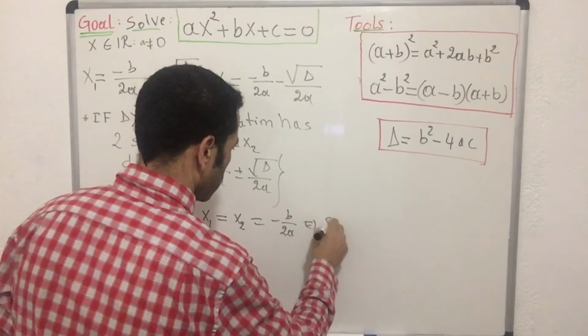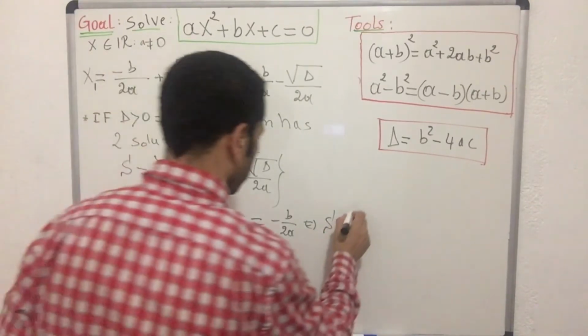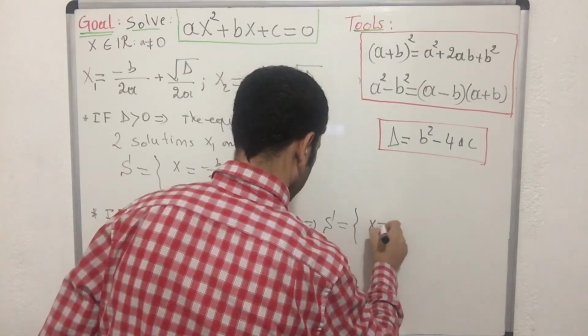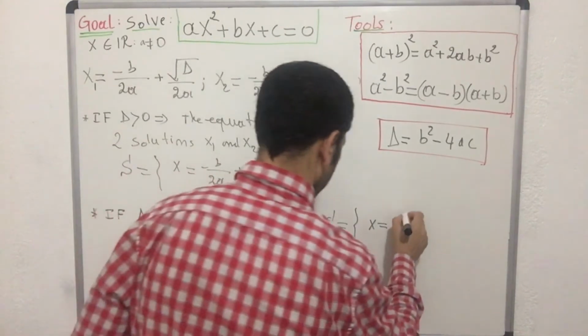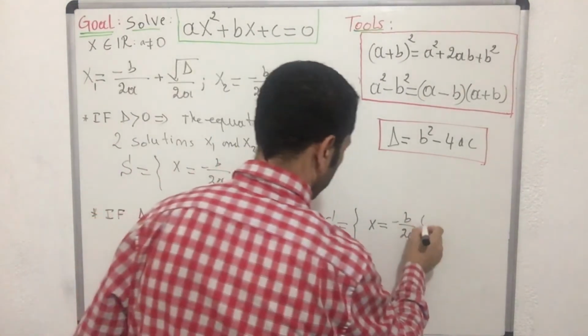So the solution of this equation is x equals minus b over 2a, okay?